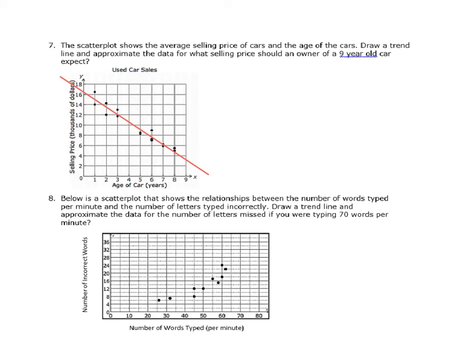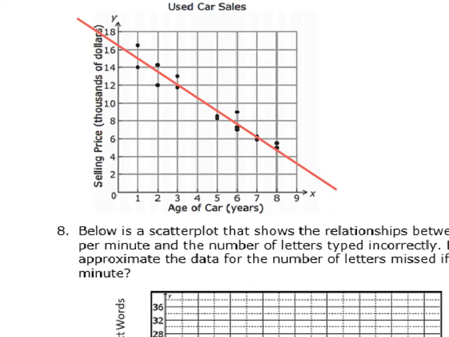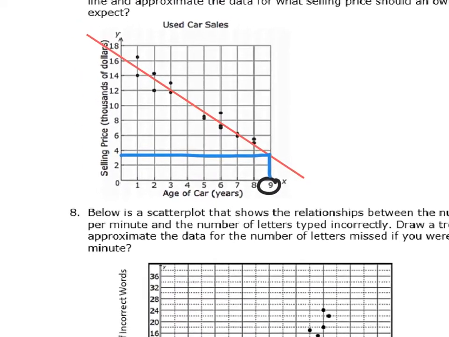So now that we have our trend line drawn, we're going to look at what it asked us for. It asked for a 9-year-old car. So we're going to be looking at where the age of the car is 9, which is right here. We're going to go up to our trend line. We said it was like right here. So it's between 2 and 4.